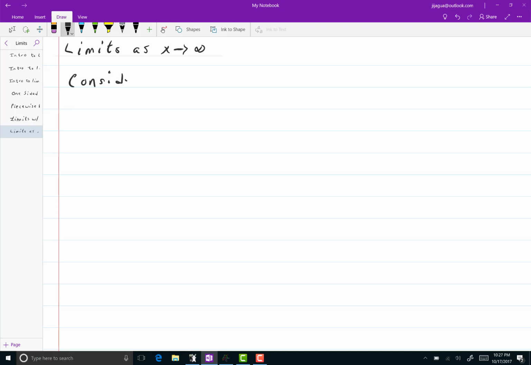Let me start with the simplest function that you can think of when we talk about these limits as x goes to infinity. I want you to think about the function y equals 1 over x. As usual, let me get a graph of it.